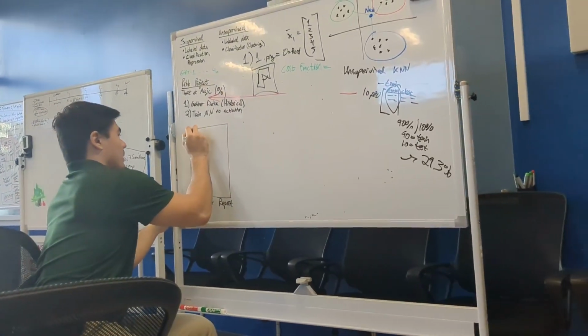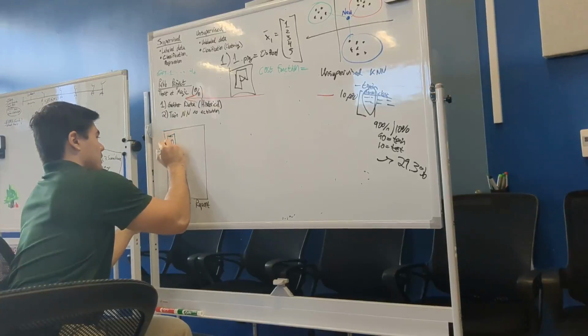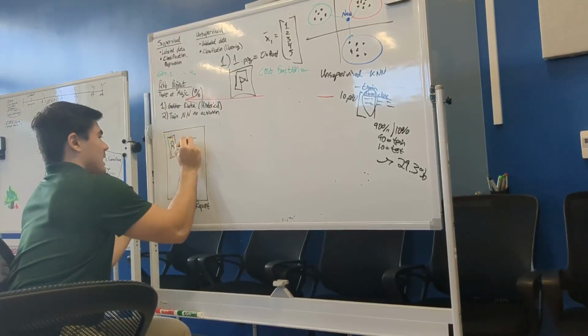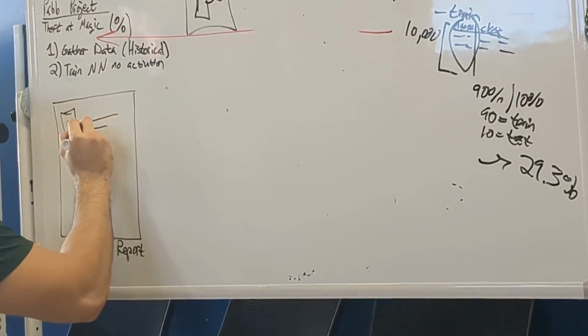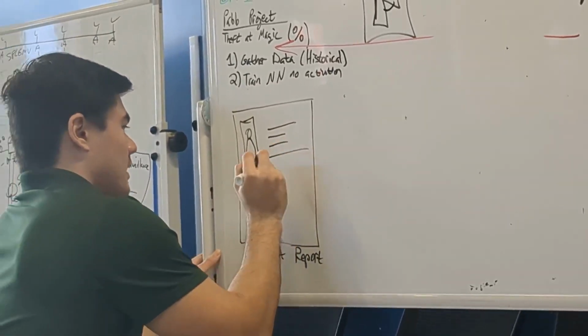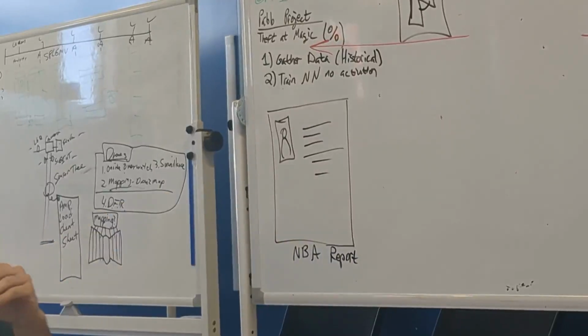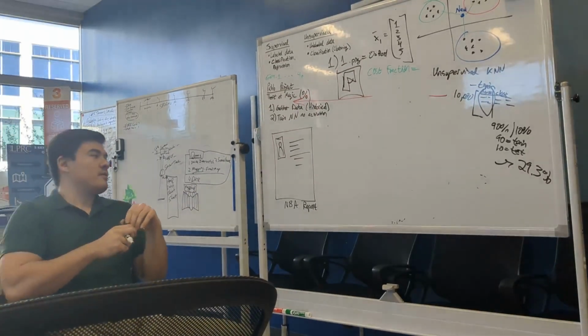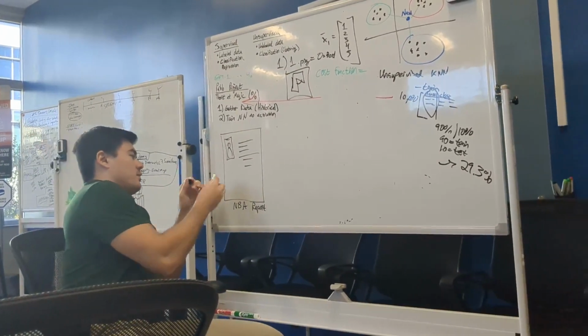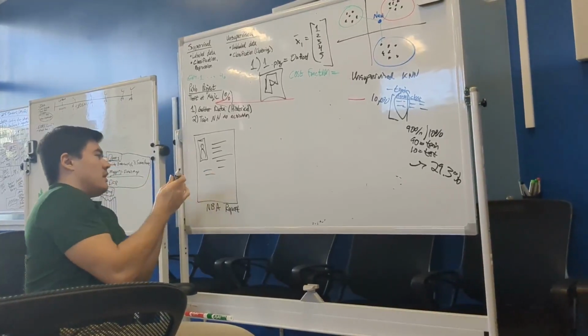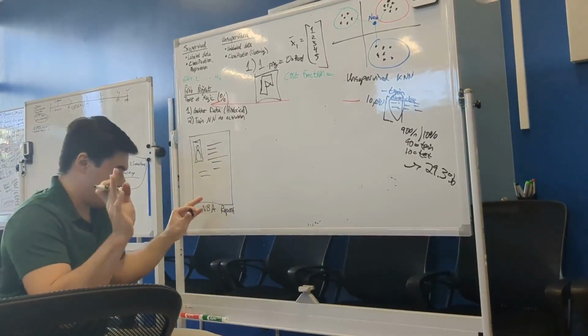It's in this format. You have the picture of the guy, his name, weight, height, home address, all these stats and metrics. Imagine this is a player profile. We have shooting percentage, field goal, all that.